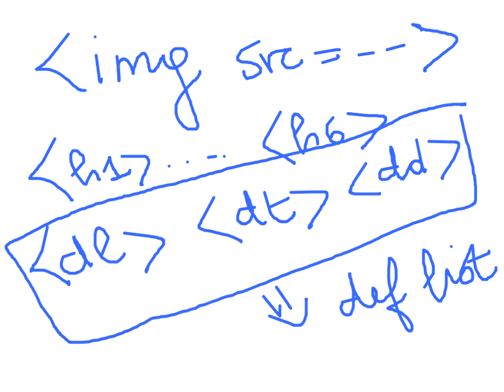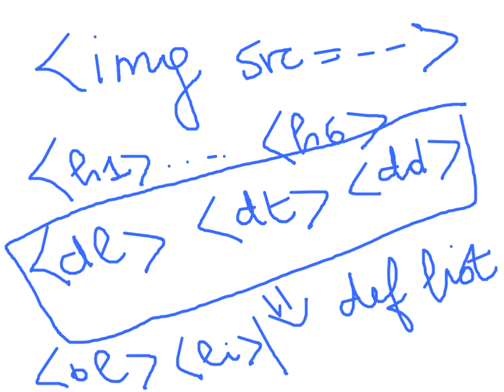Okay. OL, LI, to create ordered list. UL for unordered list. It's clear for you how we can create a web page and how we can use these tags to insert an image, to make headings, to make lists with definition list, ordered list, unordered list, to create a paragraph, etc.